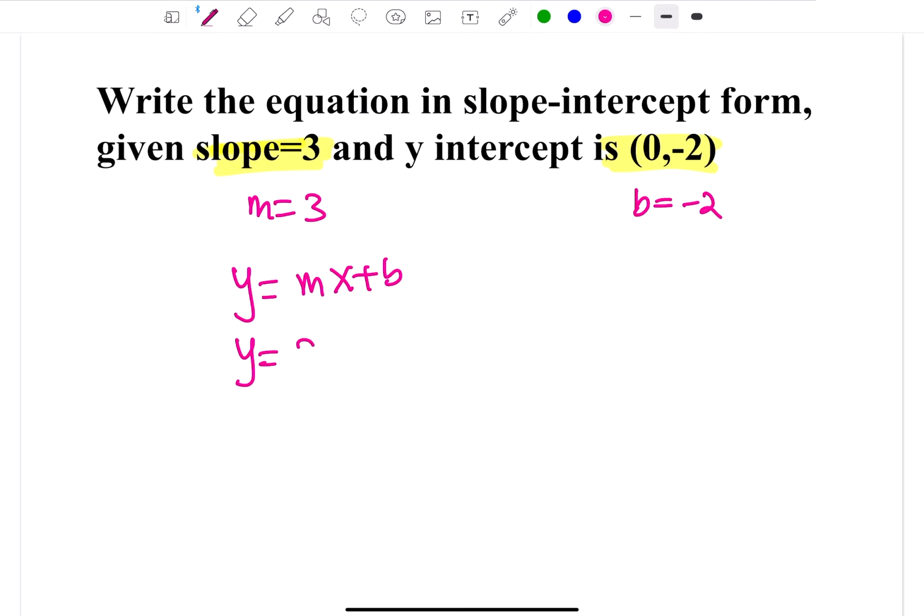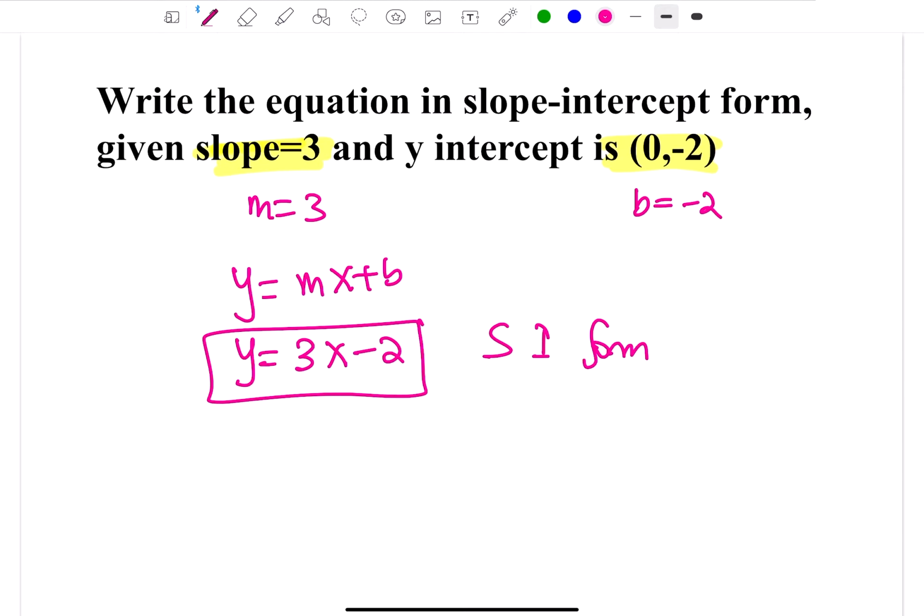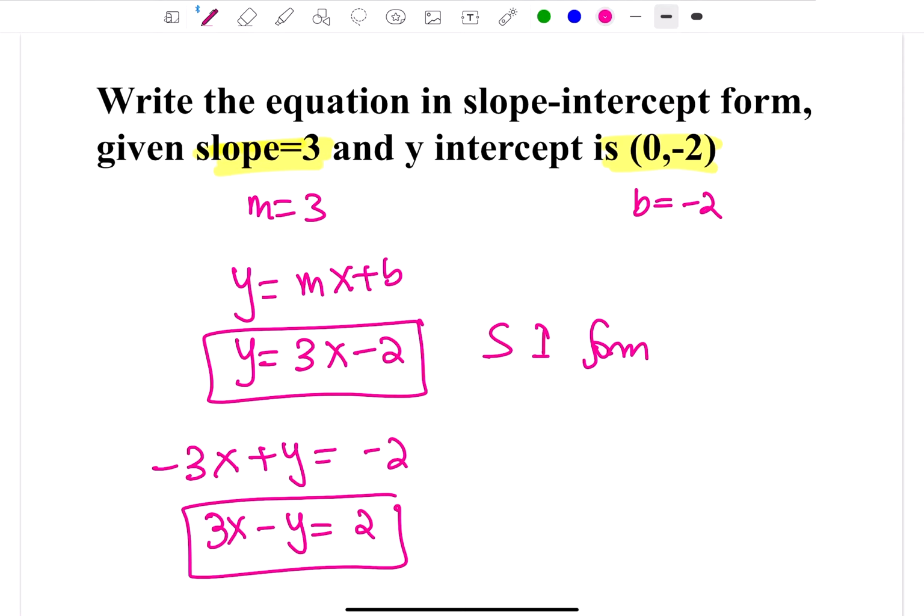So y is equal to 3x minus 2. This is the slope-intercept form of the line. To write it in standard form, we move the x and y to the same side. To make the coefficient of x positive, we divide everything by negative 1, and that would be the standard form of this line.